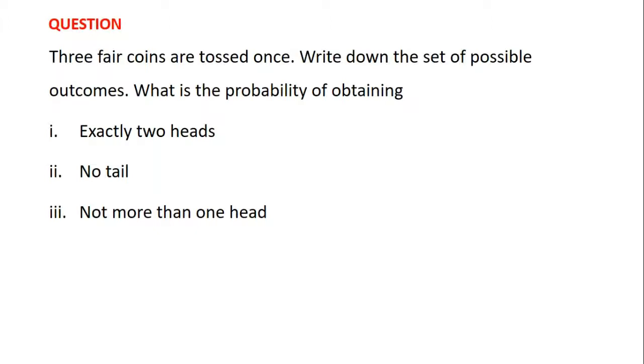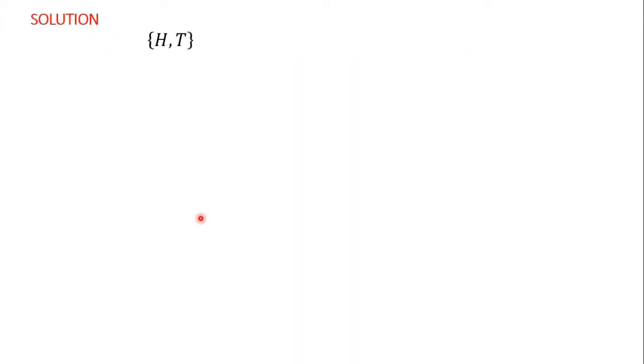So here we have 3 fair coins and they are tossed once. Our first task is to write down the set of possible outcomes, and using that set, we are going to find the probabilities of these events. We learned in the previous video that when you toss a coin once, the set of possible outcomes are a head and a tail.